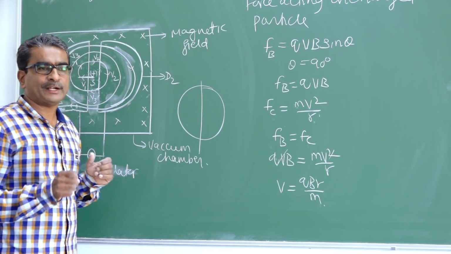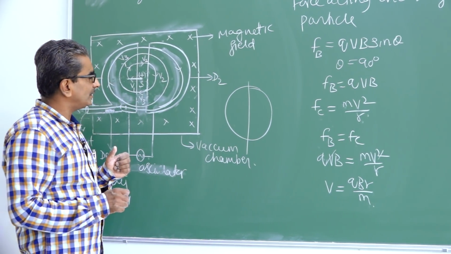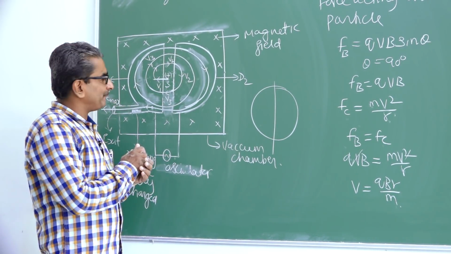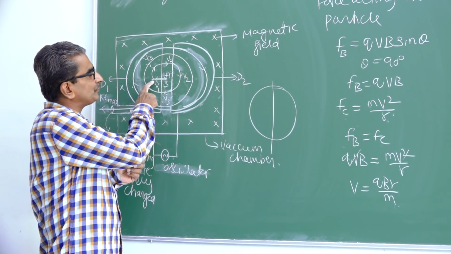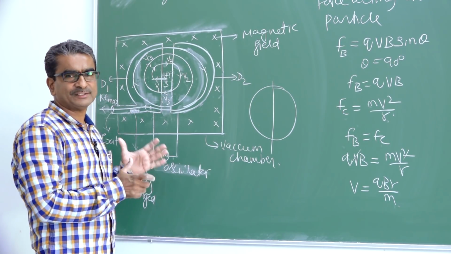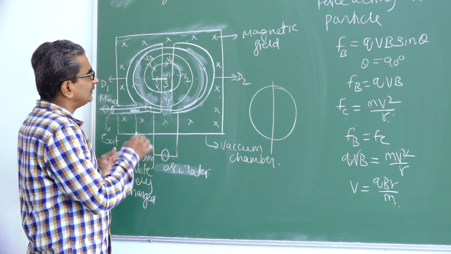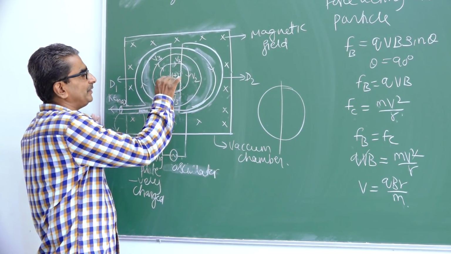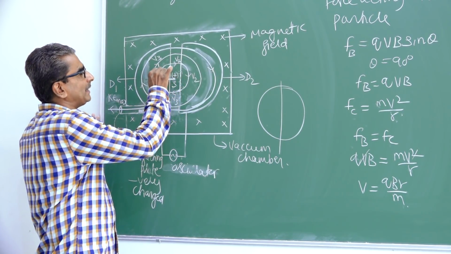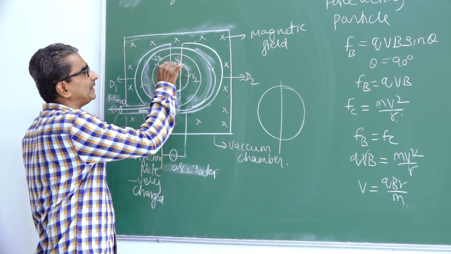But the important point to be noted here is, how does the direction of the electric field change when the particle moves from one D to another D? What happens in this case? Suppose the particle starts moving like this with a velocity, because of the magnetic field it describes a circular path.